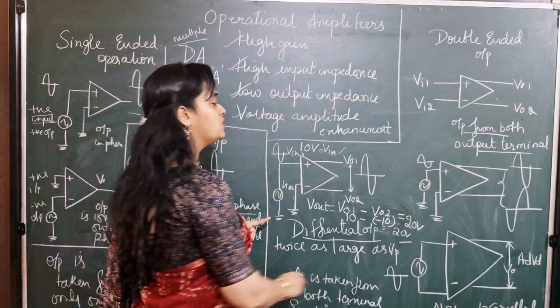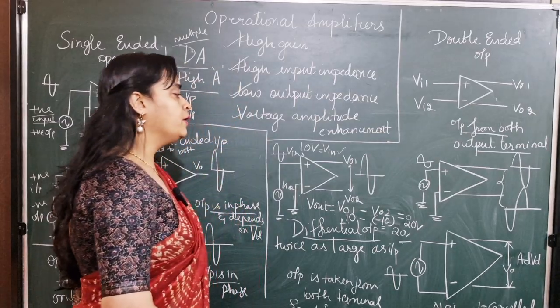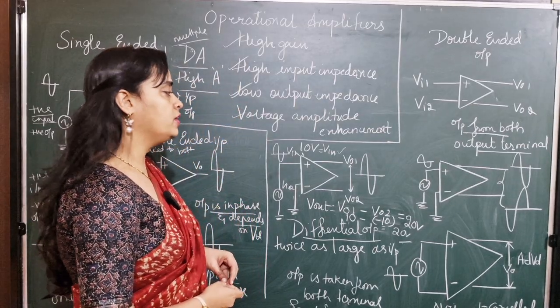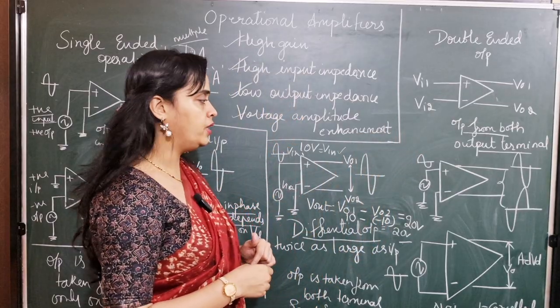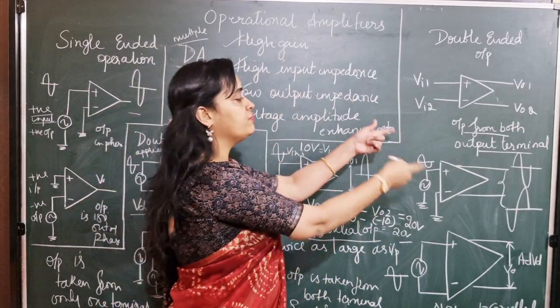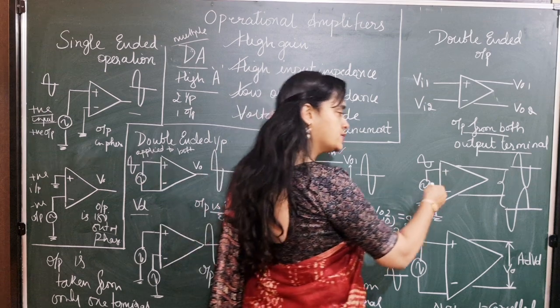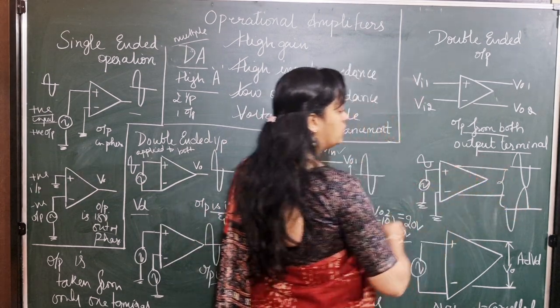So next comes this condition. Here the input is applied to the non-inverting terminal and the inverting terminal is just grounded, and instead of taking the differential output, if the output is taken individually from both terminals, what happens?